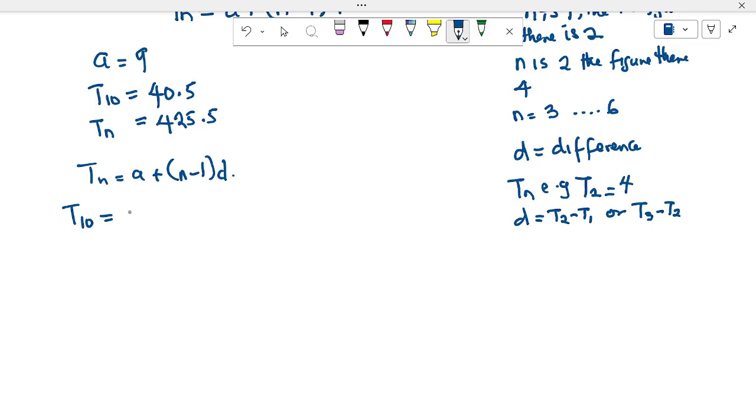So we know T10 is equal to a, which is 9, plus, we are dealing with the 10th position. Our T10 is 40.5, right? So the position, 10, minus 1, times d. We don't know the difference, but we know that it is equal to 40.5.